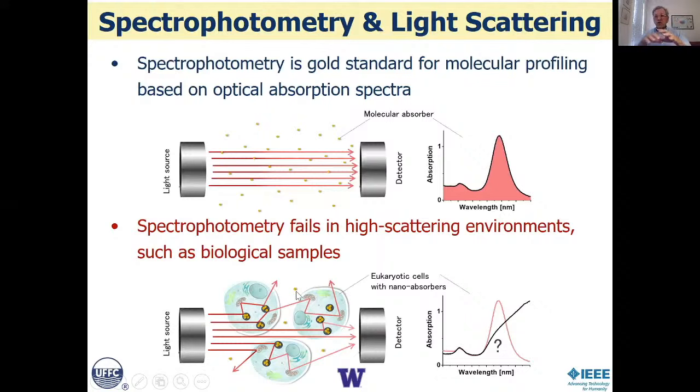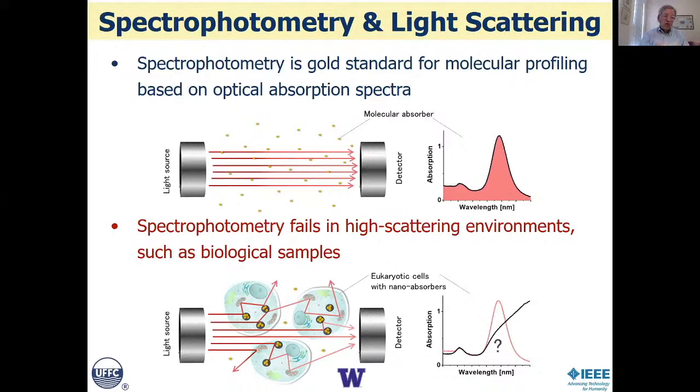Now, there are some approaches using reflecting spheres and others which can capture that scattered light, but they're very sensitive systems, have to be calibrated for almost any particular type of sample you use, and can be very complicated systems to use.